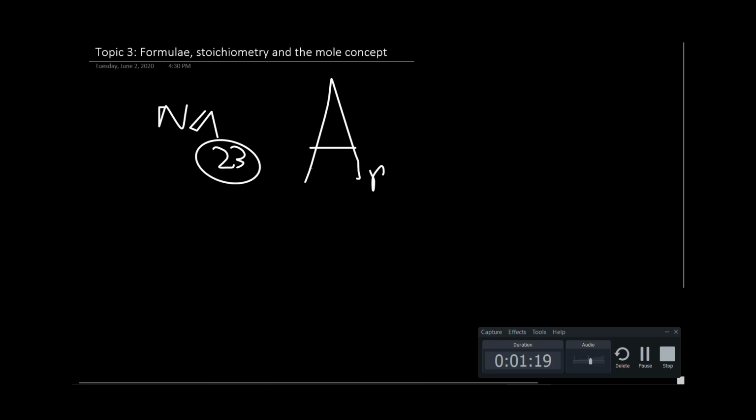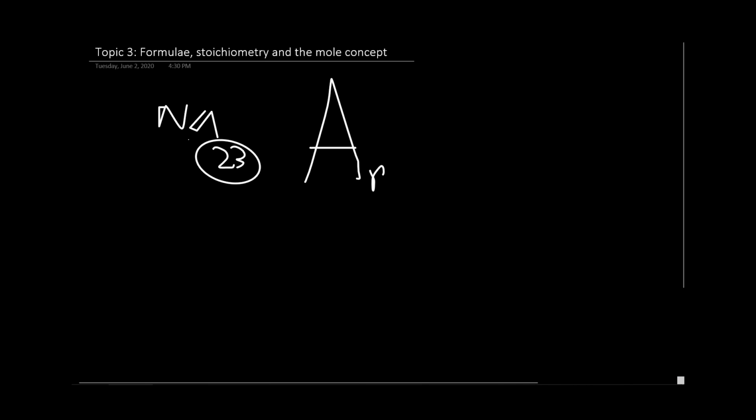As we discussed in the last tutorial, the definition of relative atomic mass is the average mass of an atom of an element compared to the mass of an atom of the carbon 12 isotope.